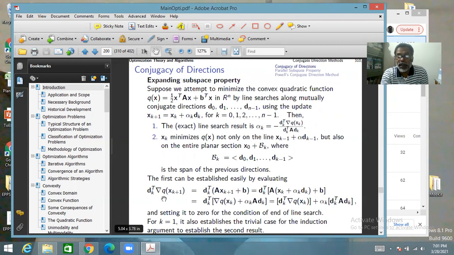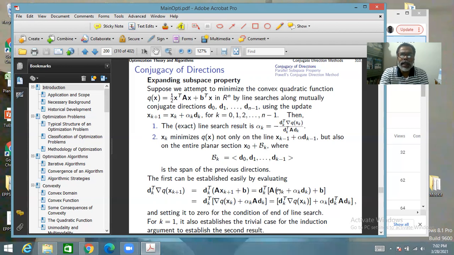Otherwise, the line search would not stop there, right? In this direction, the rate of change is 0 at that point. For that, this has to be orthogonal. Therefore, you now express the gradient as Ax plus b at that point. And xk plus 1, you know, is xk plus alpha k dk. Put that here. And then Axk plus b is the gradient at the present point.